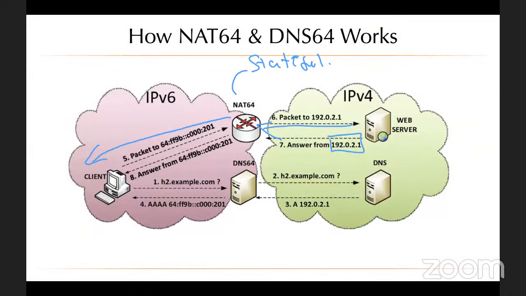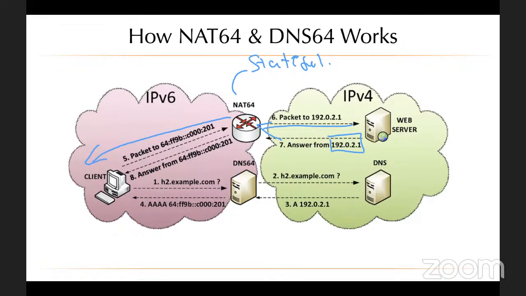So the biggest problem with NAT64 and DNS64, you can't use it alone, at least realistically, right? Reason being, it relies heavily on DNS, right? So if you have applications that use literals, it means that they're not going to work, right?